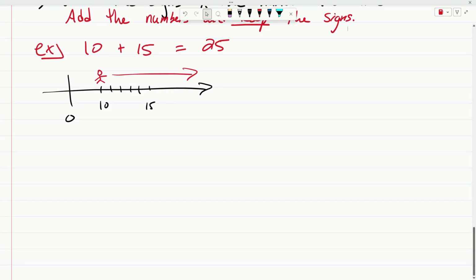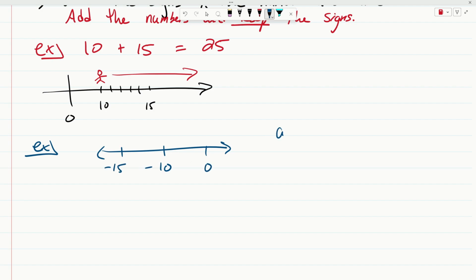On the other side of this, let's say we wanted to add -10 plus -15, okay?